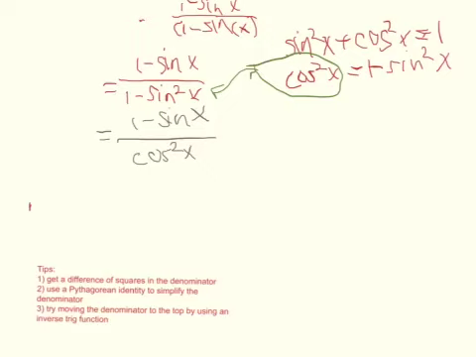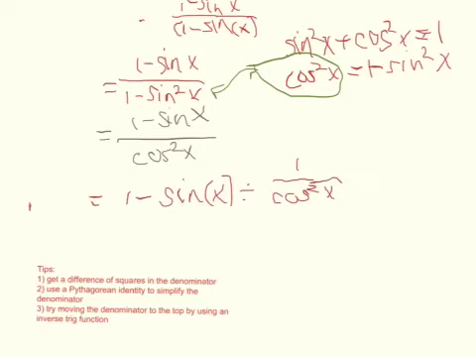So next step, we're just going to rewrite the same thing: 1 minus sine x divided by 1 over cosine squared x. Now some of you guys are saying, this looks familiar, and it should.